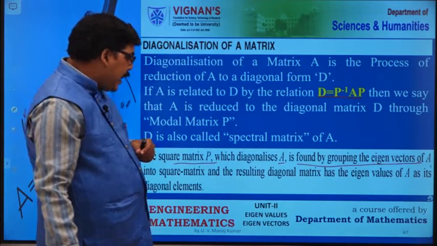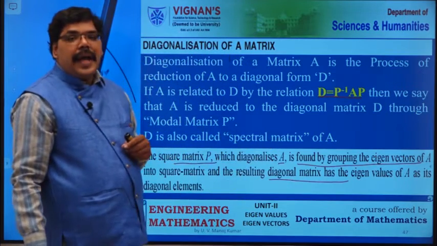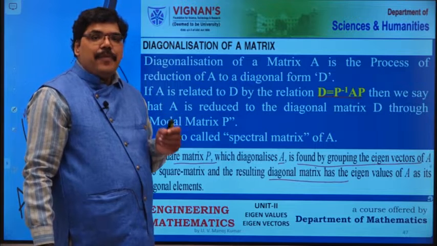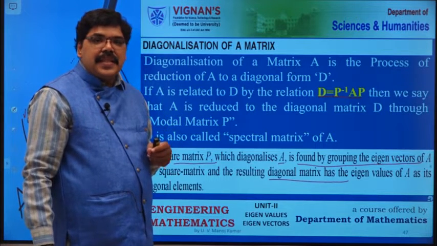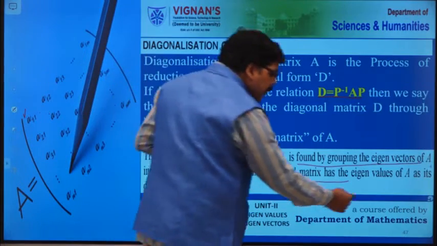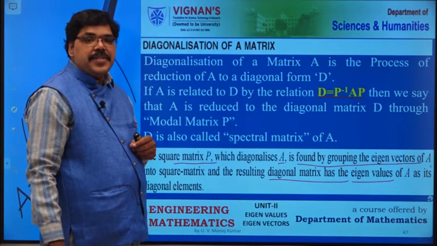And what about the diagonal matrix? The diagonal matrix has eigenvalues as its diagonal elements and the remaining elements as zeros. So, what are the diagonal elements of D?